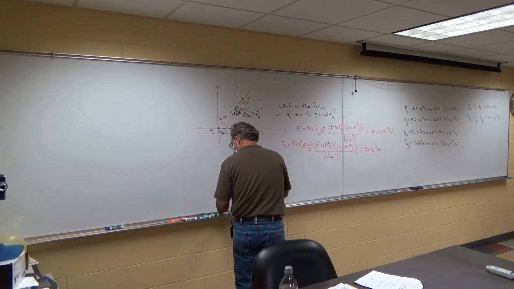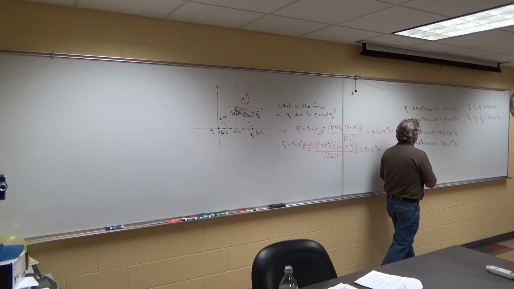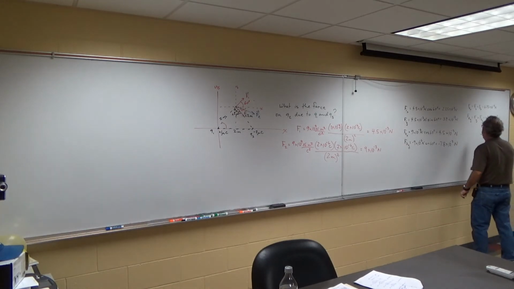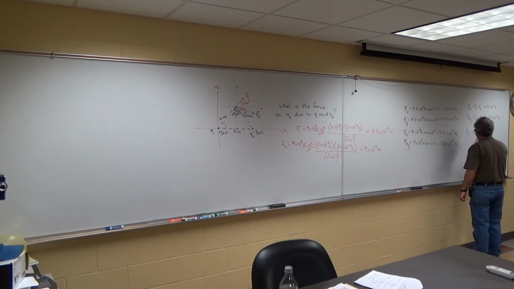So FR is equal to the square root of FRX squared plus FRY squared.